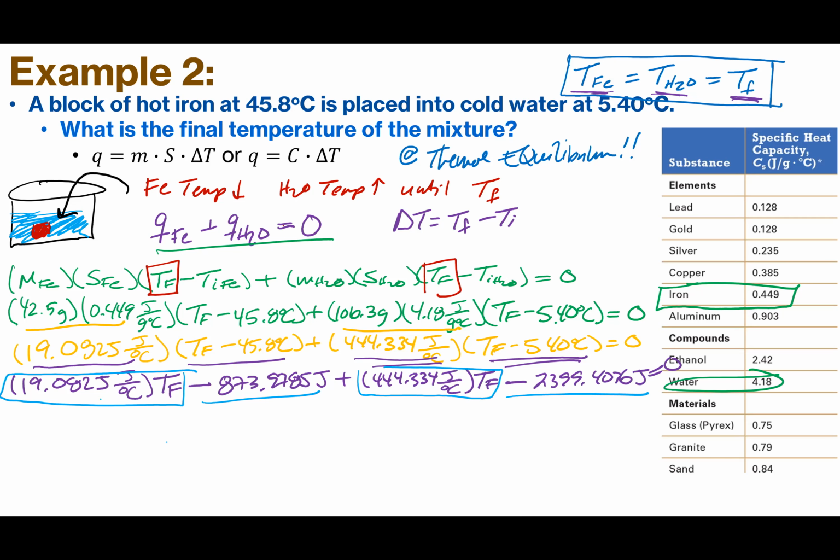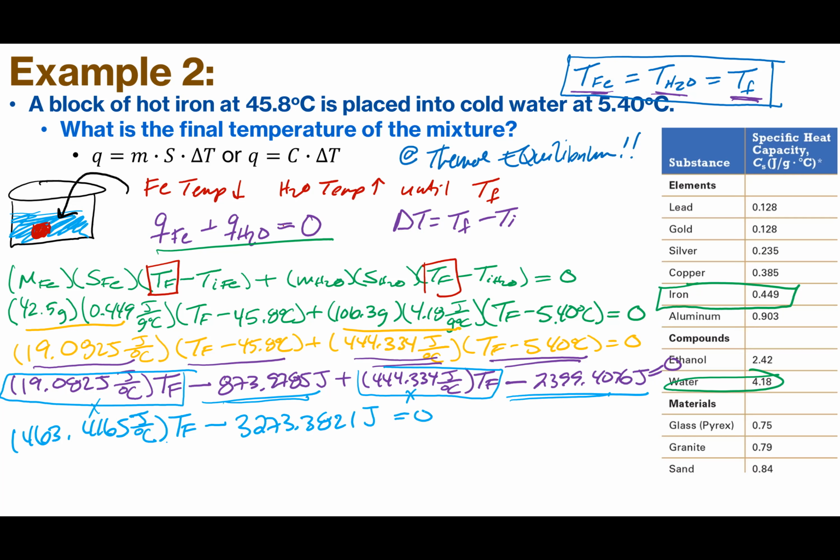This plus that is going to give us 463.4165 joules over Celsius times T final. And then we're going to have minus 873 minus 2399 gives us minus 3273.3821 joules. And that whole thing is equal to 0.